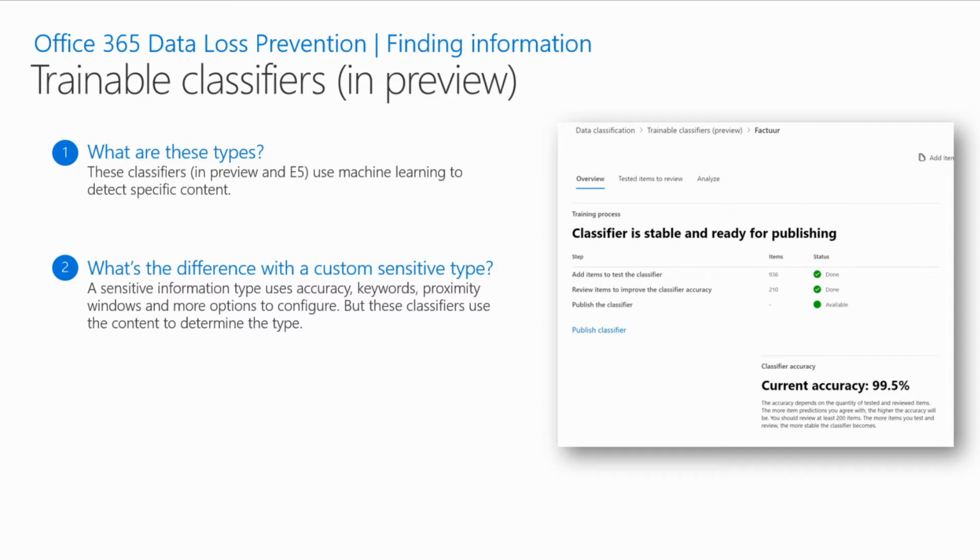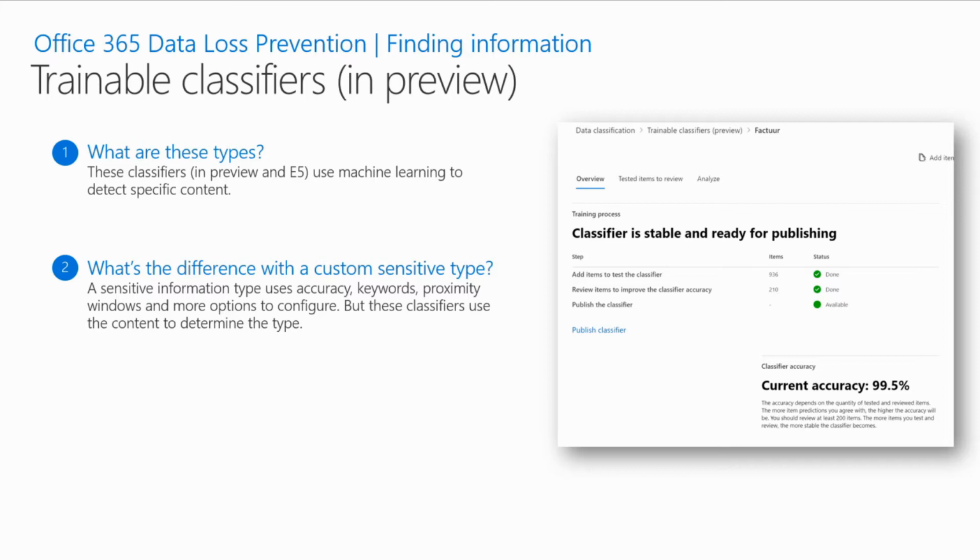In this example, you see 99.5% certainty that this really is the trainable classifier I configured. You get, from an admin perspective, the chance to really say, well, this is a positive hit and this is a false positive hit, and that makes the learning even more reliable.